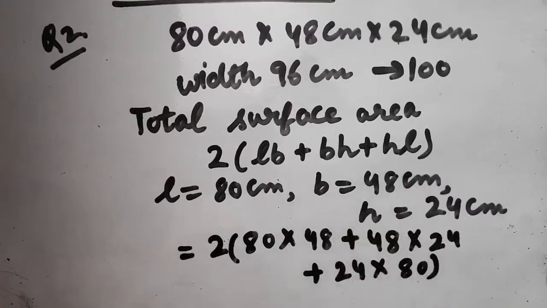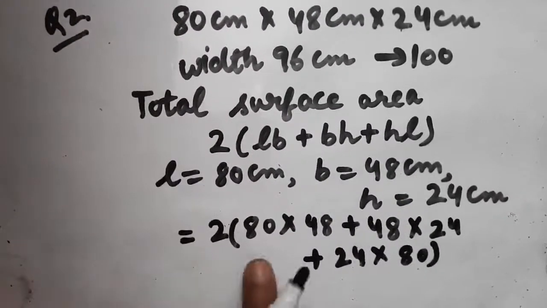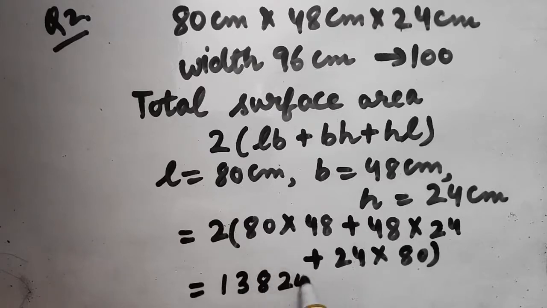Now we are supposed to do the multiplication, length into breadth, breadth into height and height into length. After multiplication the value which comes out to be is 13,824. This is the total surface area of the suitcase.